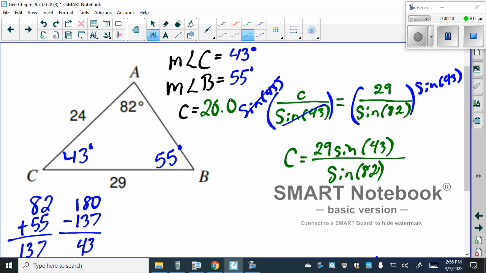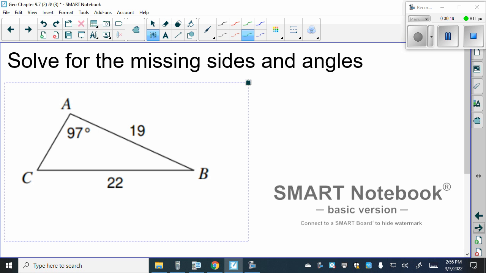Any questions over any of this here? Do we need to see another example of one of these? If we're good with this here, there is a worksheet that is attached to this, and it is a staggering four problems.